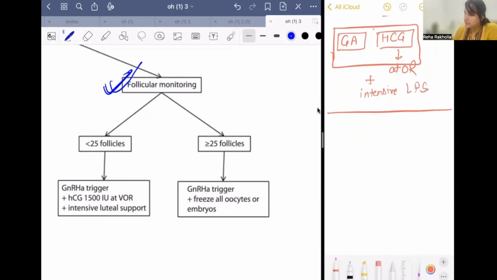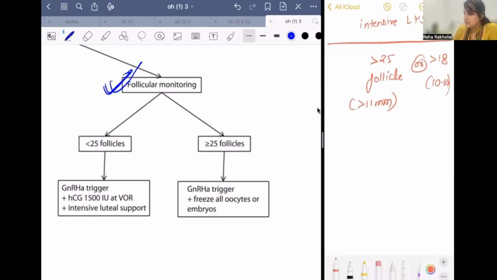Now we'll talk about patients with more than 25 follicles greater than 11 millimeter, or greater than 18 follicles of 10 to 14 millimeter. These patients are at very high risk of OHSS, making it unsafe to use any form of HCG, even in low dose.